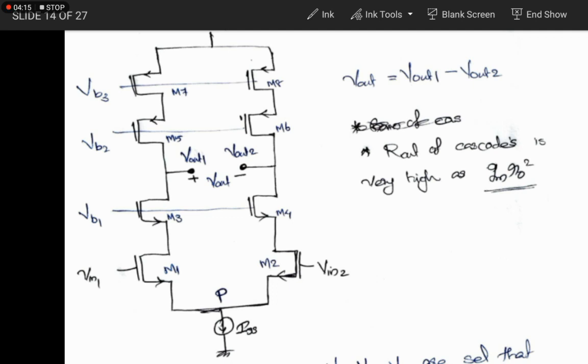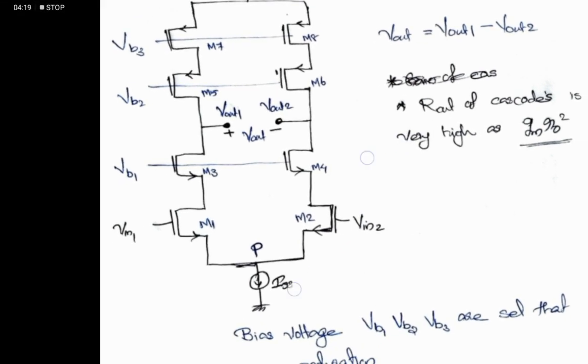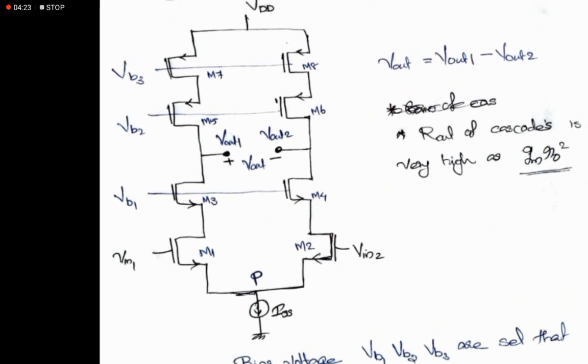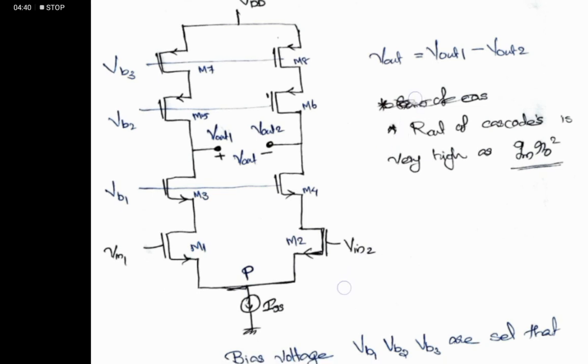The output impedance of the cascoded configuration we also discussed earlier; here we will just brief it. To evaluate the output impedance of this structure, we don't want to use the usual method. We can apply the basic idea from the normal cascoded structure, the common source cascoded configuration itself, and from that evaluate the output impedance.